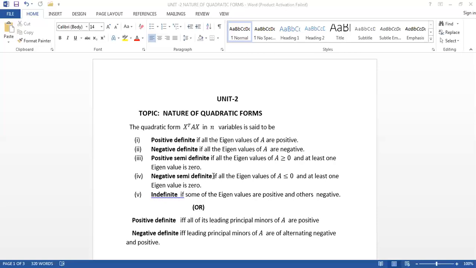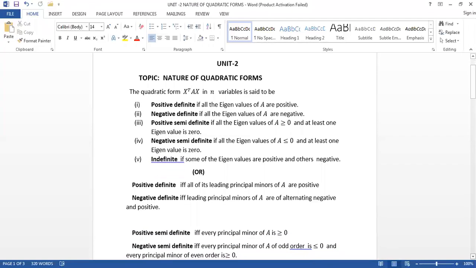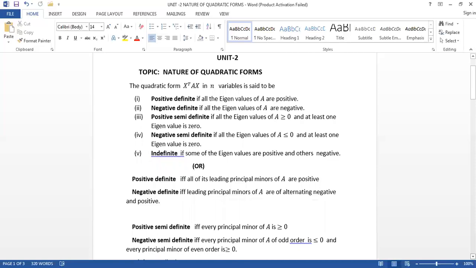Indefinite, some eigenvalues of A are positive and the remaining are negative. Right? This is the nature of the quadratic form based on eigenvalues, but sometimes it is very difficult to find the eigenvalues. So in such a case, or in general, to find the nature of the quadratic form, it is better to use the determinant process.